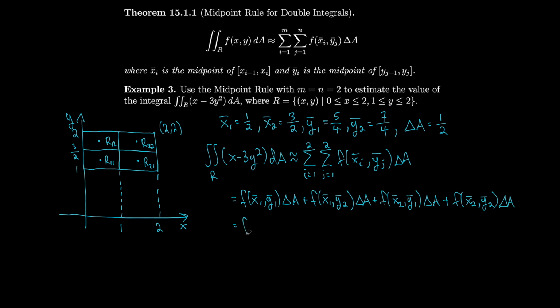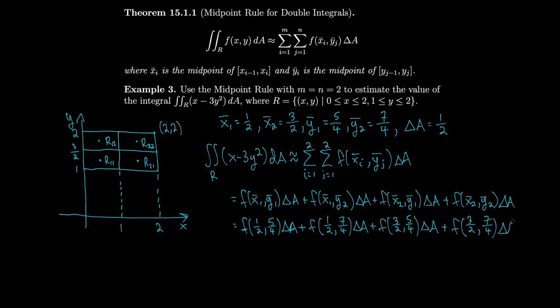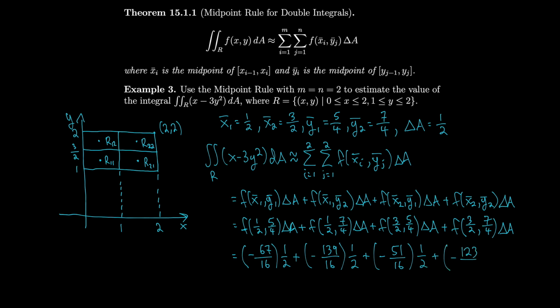Now I'll just plug in. So I'm plugging in f of 1/2, 5/4, delta A, plus f of 1/2, 7/4, delta A, plus f of 3/2, 5/4, delta A, plus f of 3/2, 7/4, delta A. Okay, so that ends up becoming negative 67 over 16 times 1/2, plus negative 139 over 16 times 1/2, plus negative 51 over 16 times 1/2, plus negative 123 over 16 times 1/2.